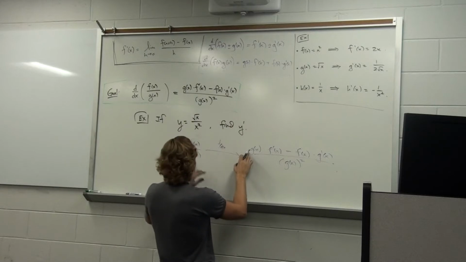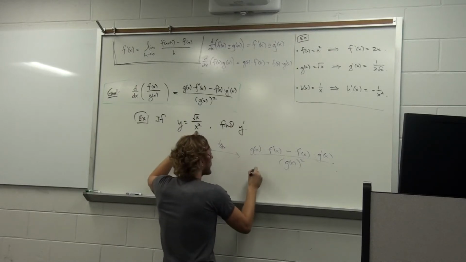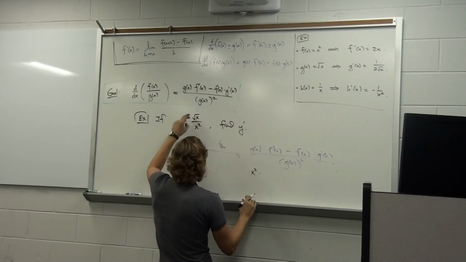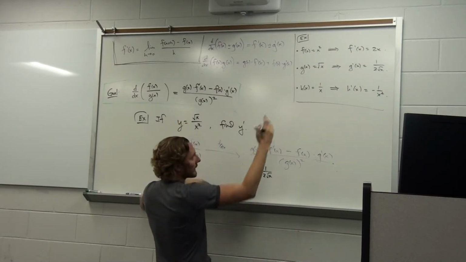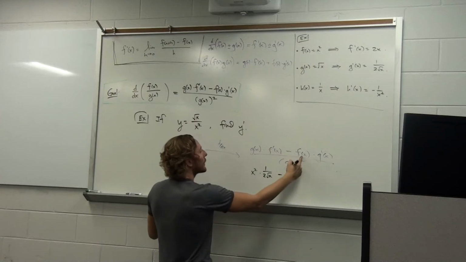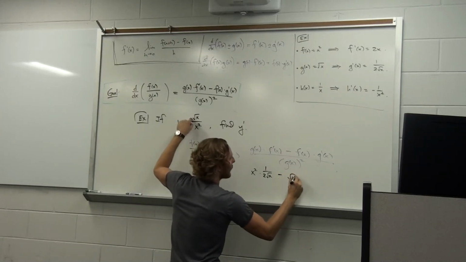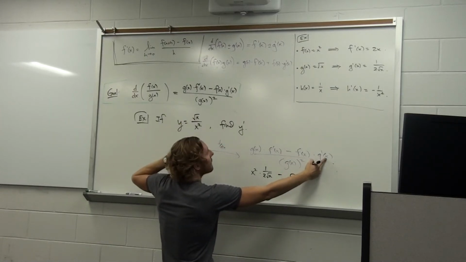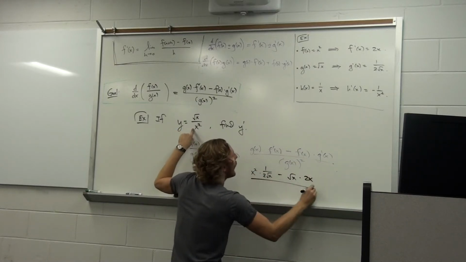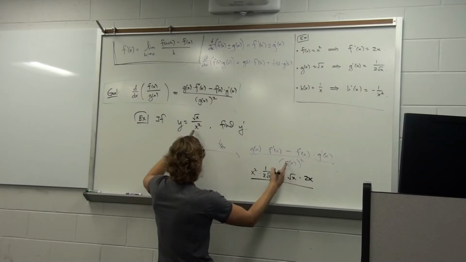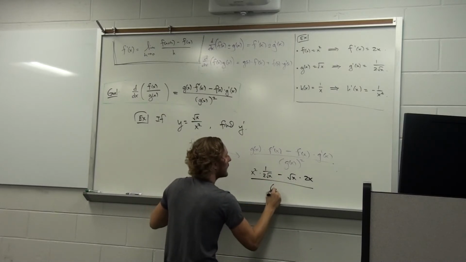So what is g of x? g of x is just simply what is downstairs, that's x squared. What is f prime? That is 1 over 2 square root x. Well, we had computed that previously, minus carbon copy of what's upstairs, that's square root x, times g prime. g prime is the derivative of what's downstairs, that is 2x, over what's downstairs squared, so that would be x squared squared.